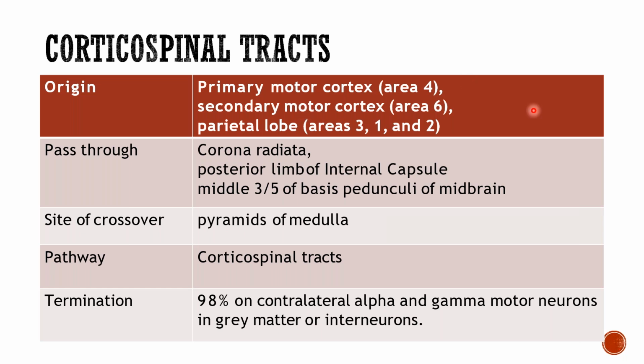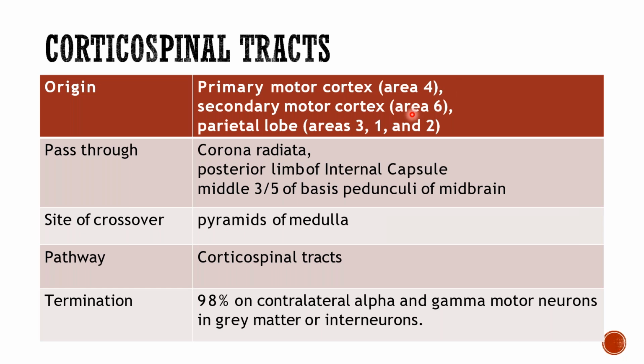Even IB Singh gives a percentage of how these fibers are coming: from area 4, approximately 30% of the fibers, and from area 6, 30% again, and the remaining 40% fibers are coming from the somatosensory area, and a few fibers are also coming from area number 8 as well. That's not required at your level right now.